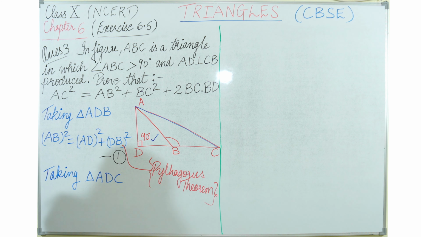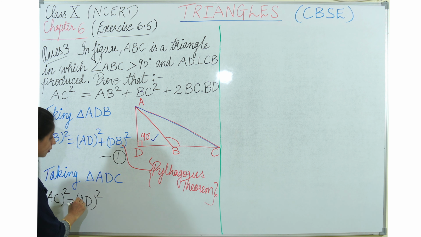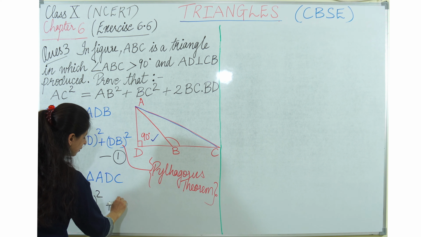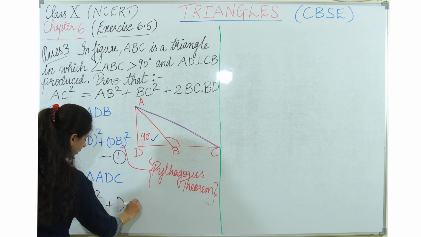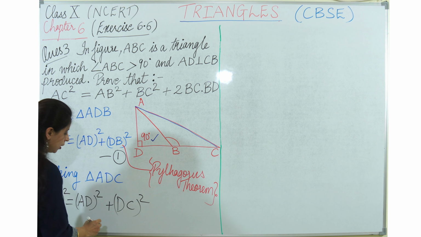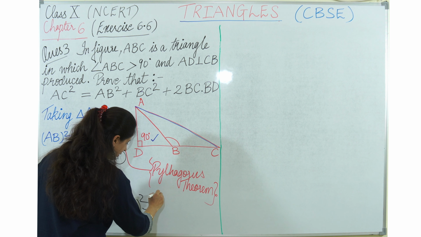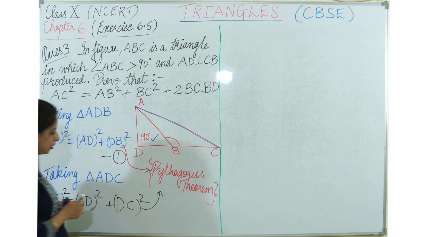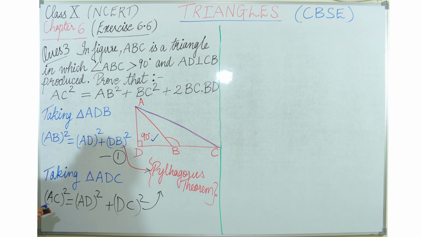So for triangle ADC, AC square is equal to AD square plus DC square. Same reason, Pythagoras theorem.